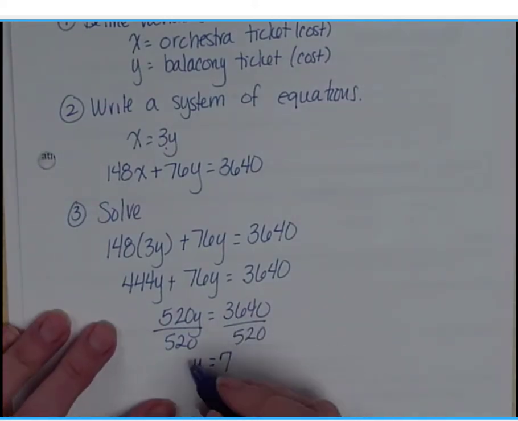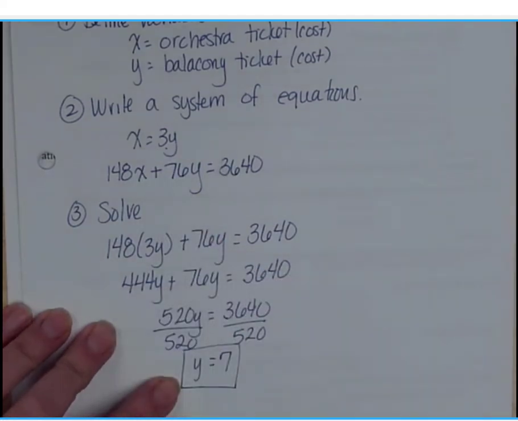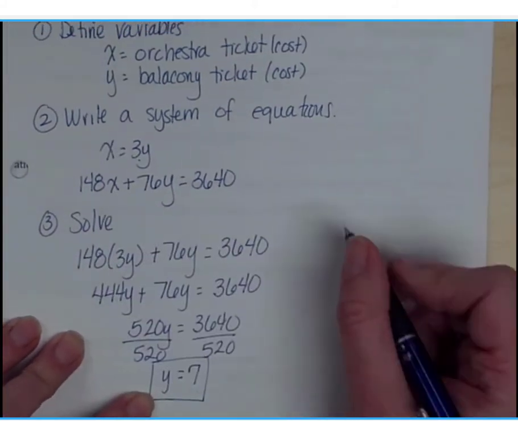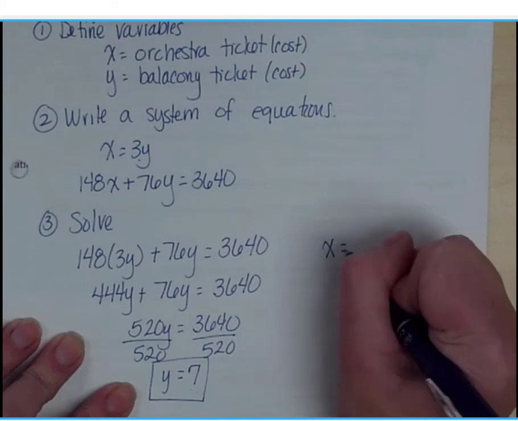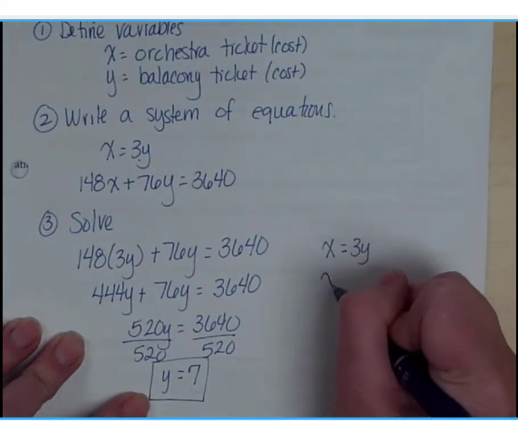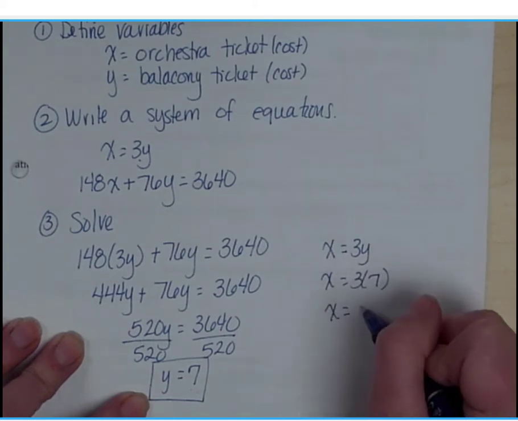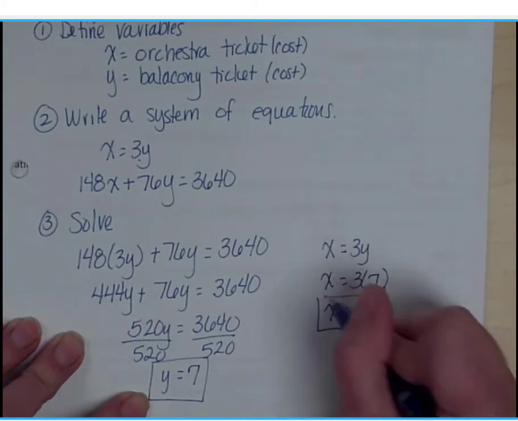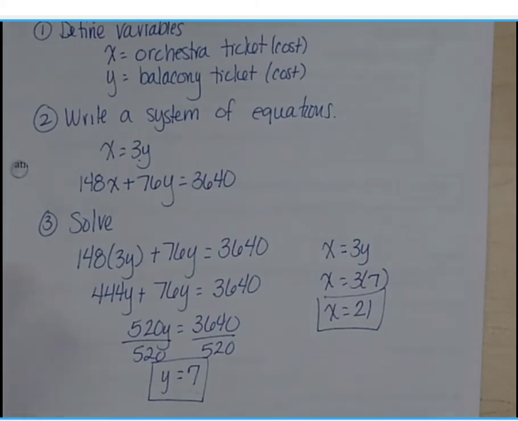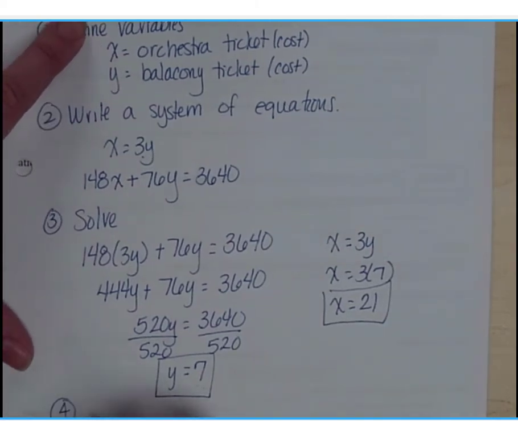All right, so now I've got y. I can plug it in. So that means y is $7. So a balcony ticket costs $7. But I still need to figure out what x is. So I have x equals 3y. So x equals 3 times 7. So x equals 21. But that doesn't really answer my question. So I'm going to write a sentence here.